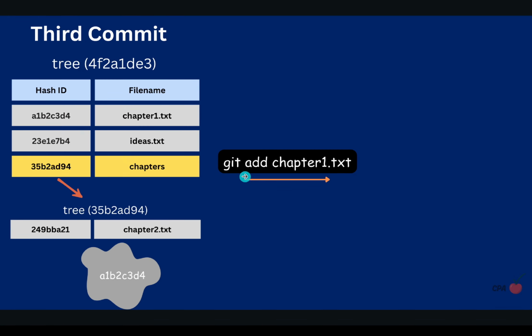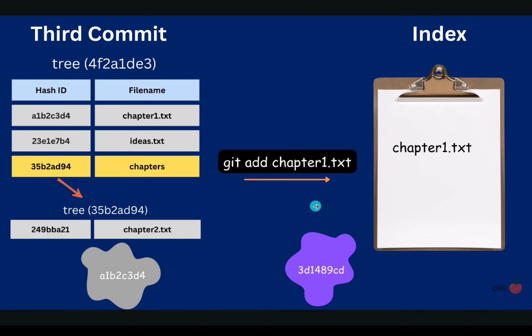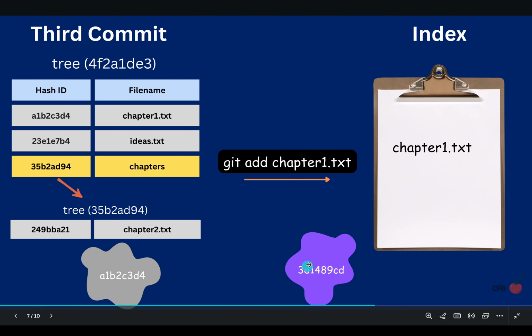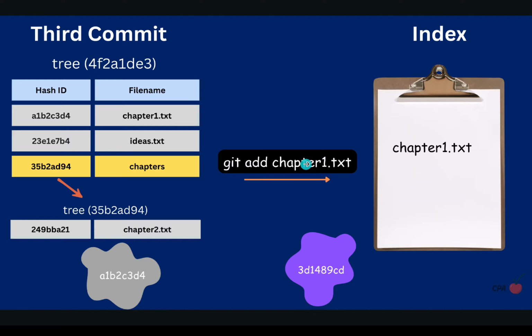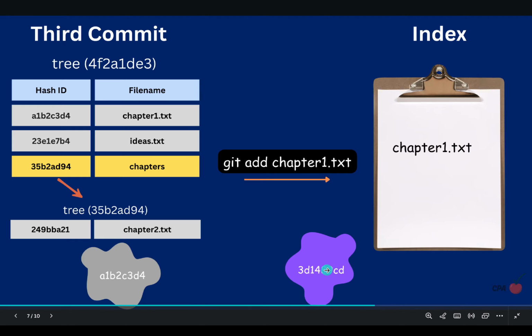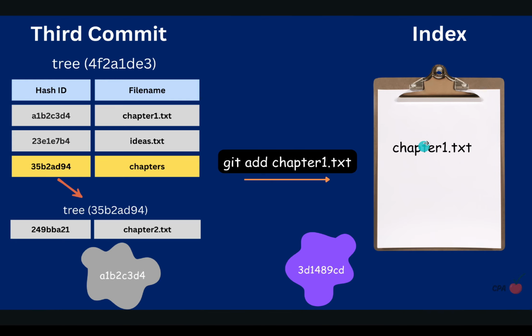So she types git add chapter 1.txt, and what happens is that Git does 2 things. First, Git creates a new blob based on the content of chapter 1.txt. So based on the new, updated content, Git creates a completely different blob, and then it updates the index, or also called the staging area, with this file name.